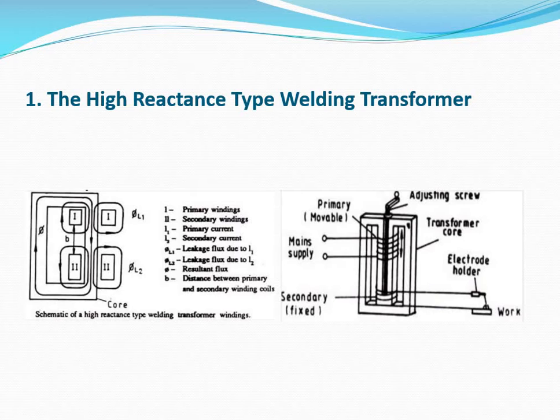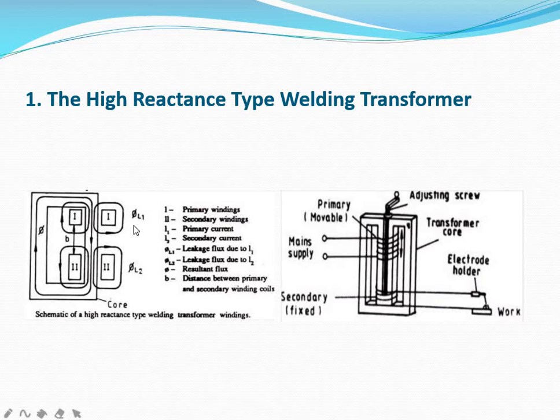For a welding transformer to have a steeply drooping volt ampere characteristic, both primary and secondary winding should have a high reactance. That is, they should have considerable leakage fluxes.